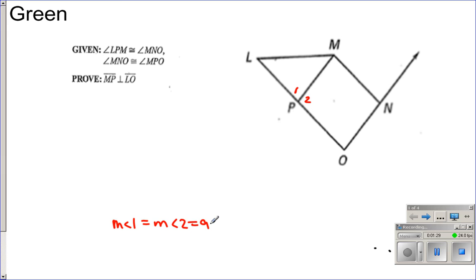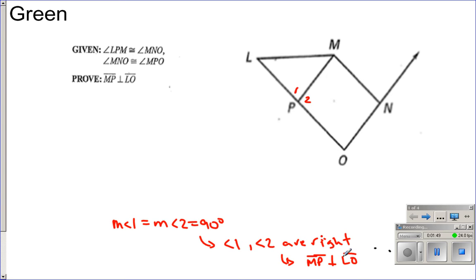That's going to tell me that angle 1 and angle 2 are right. And that in turn is going to tell me that MP is perpendicular to LO, the statement I was actually asked to prove. Well, so how do I do that?